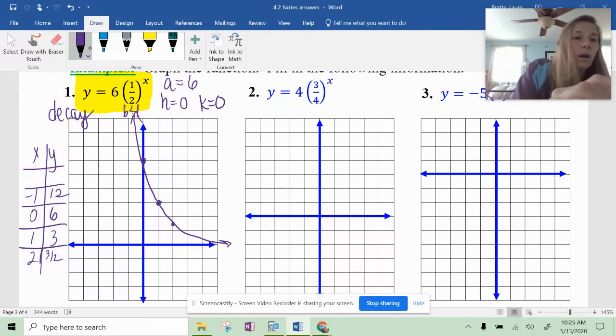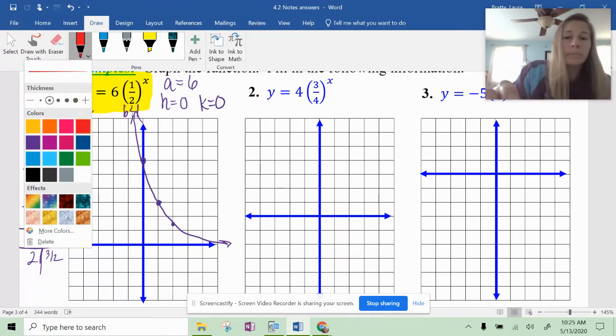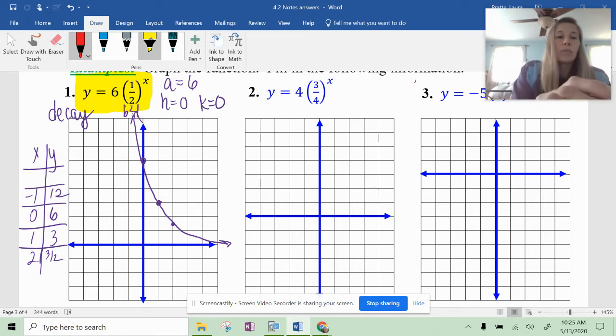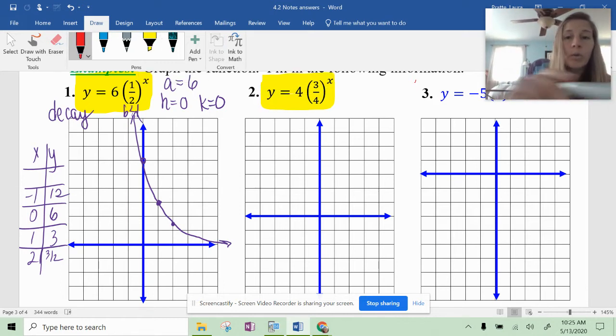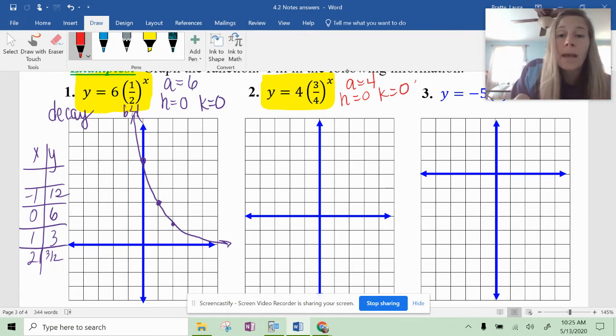Okay. All right, so now going on to the next one. Again, we just have a parent function here. The h and the k are both 0, right? So the a value is positive. The h and the k are both 0, so we don't have to worry about any shifting. And because the b value is less than 1, we know that this is a decay function.